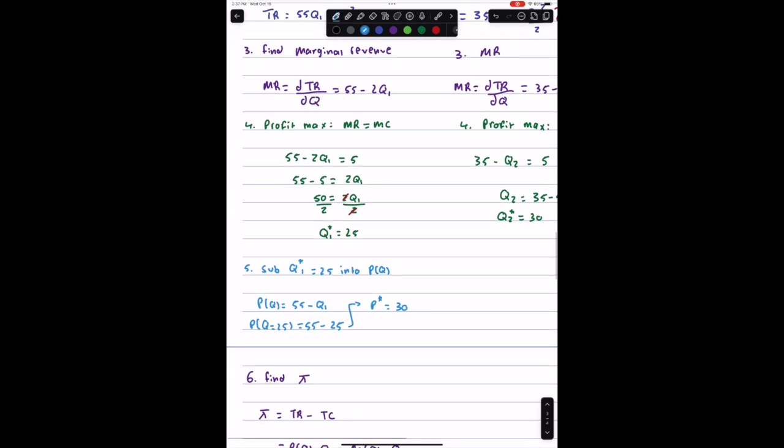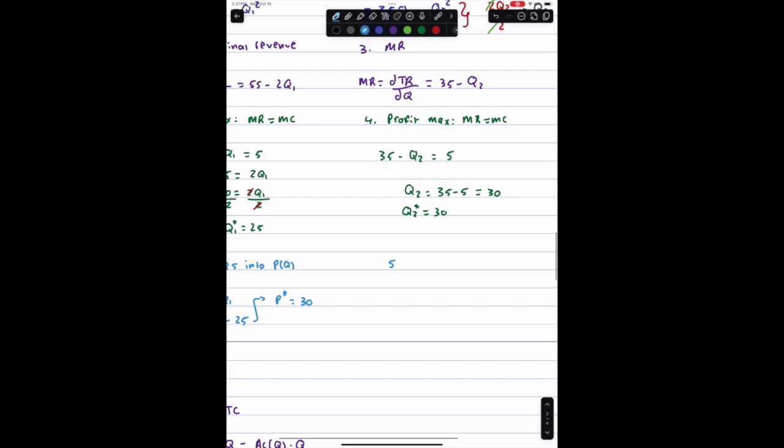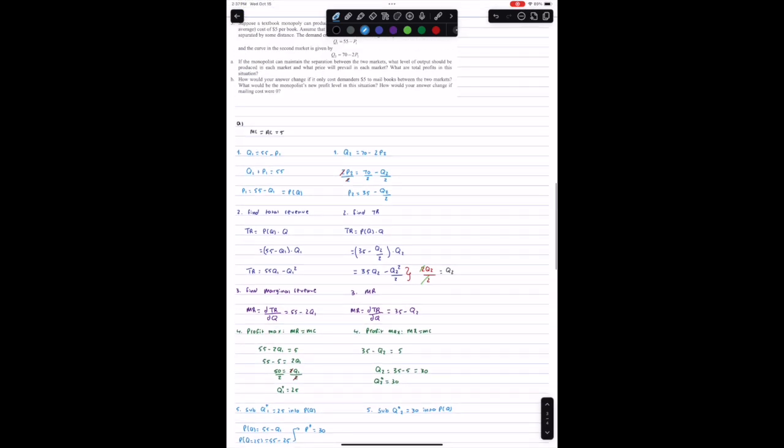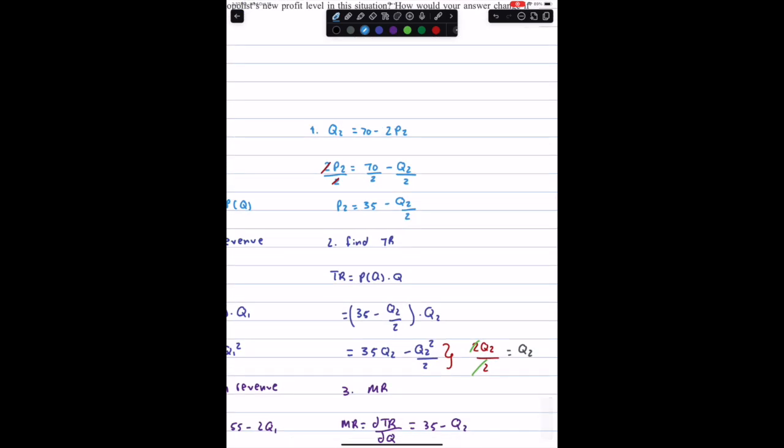Now to solve for price, we're going to sub Q star 2 equals 30 into price of Q, right? We know that our P of Q for this one is 35 minus Q2 over 2, right?